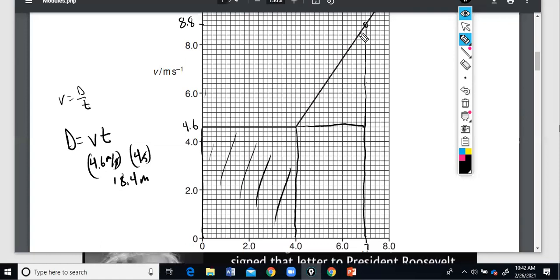Now let me think about solving the area underneath this part of the graph by considering s equals ut plus 1/2 at squared, right? I was already going this initial speed, 4.6, that's my initial velocity. But I'm only looking at this leg of the motion.